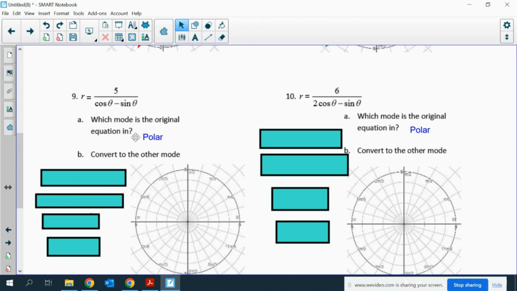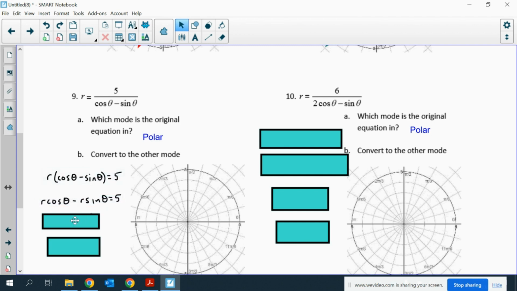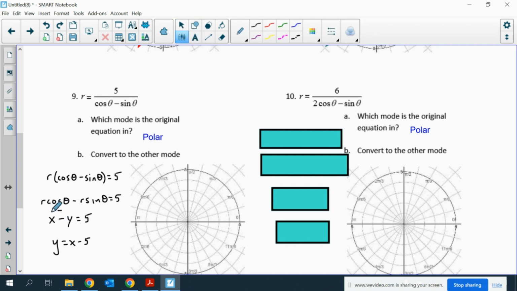So since this is in polar coordinates, we would multiply the cosine and the sine over. We distribute and turn this into x and y. And then if you want to solve for slope-intercept form, you can. You get y equals x minus 5. But you could also graph it from standard form if you wanted. So I get the point 5, 0.